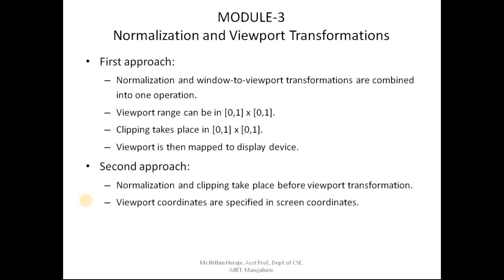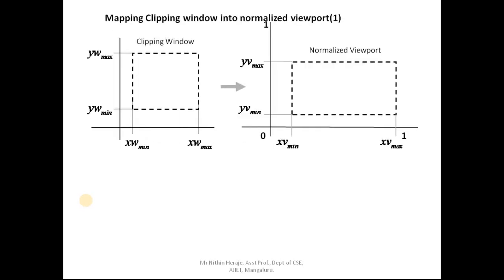So two procedures are there. Here the normalization and viewport transformation is not combined, it is a separate operation, and viewport coordinates are specified in screen coordinates. Okay, so we'll look into these approaches one by one.